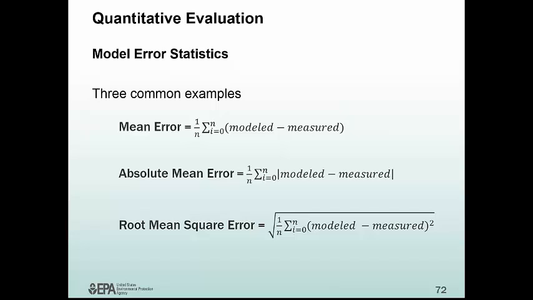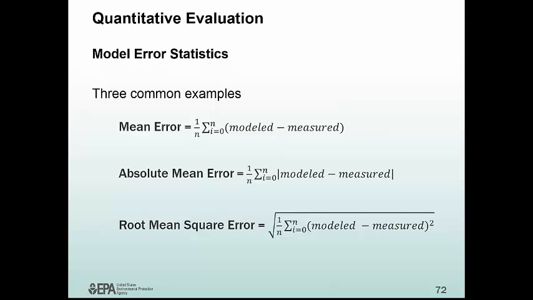If the minuses match the pluses, if you think of all these errors and some are negative and some are positive, sometimes the model is above the measured, sometimes the measured is above the modeled. If those all match out, you have a very low mean error, and you can claim that the model has low bias. Okay, you're overshooting and undershooting equally.